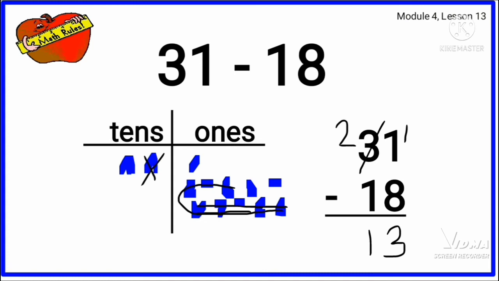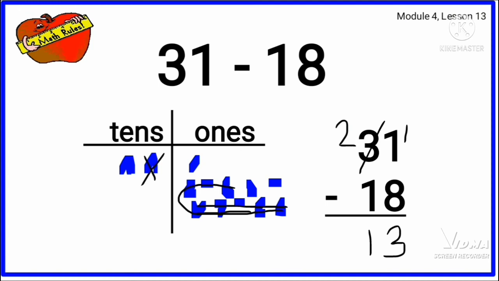If I have 11 chips in my ones place, that's 11 ones. Remember, I have to decompose a 10. So it's not easy for me to remove 8 from 11. 8 from 11 is 3. And 2 minus 1 is 1, 13. Here's something to remember. Once you are doing subtraction, it is the minuend, that is the number you are subtracting from, the bigger number, that you draw in your chips.